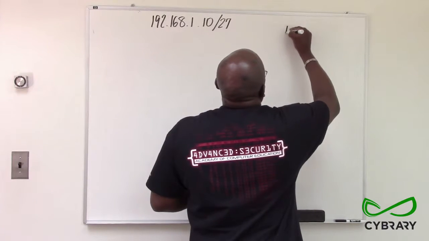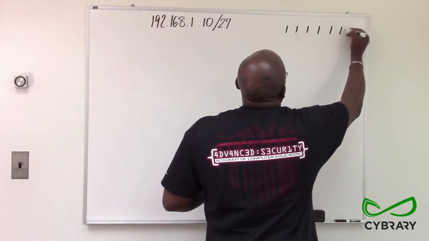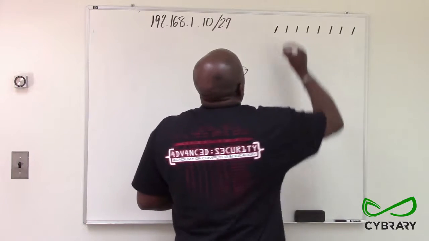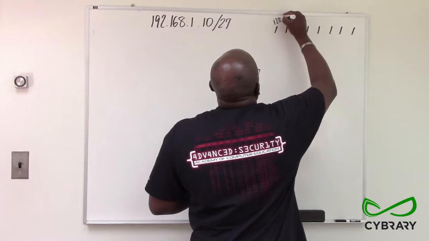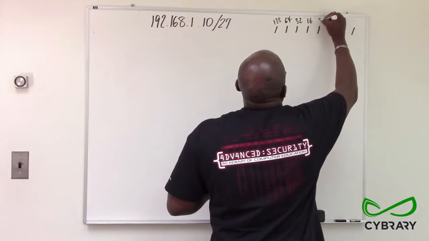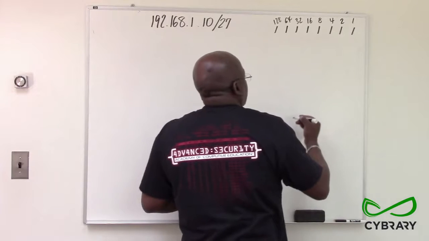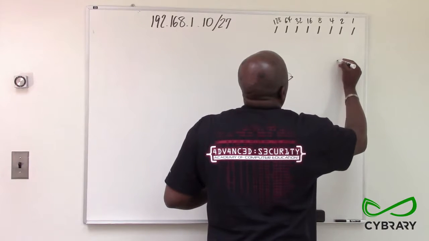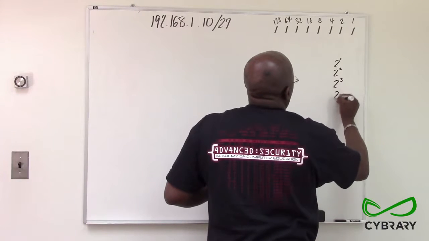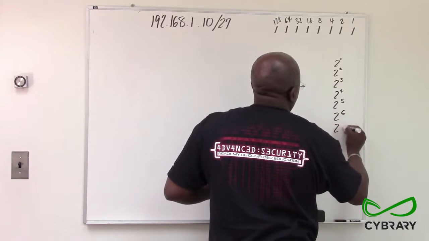We say 1, 2, 3, 4, 5, 6, 7, 8. These are 128, 64, 32, 16, 8, 4, 2, and 1. For some mathematics later on, we would need powers of 2.